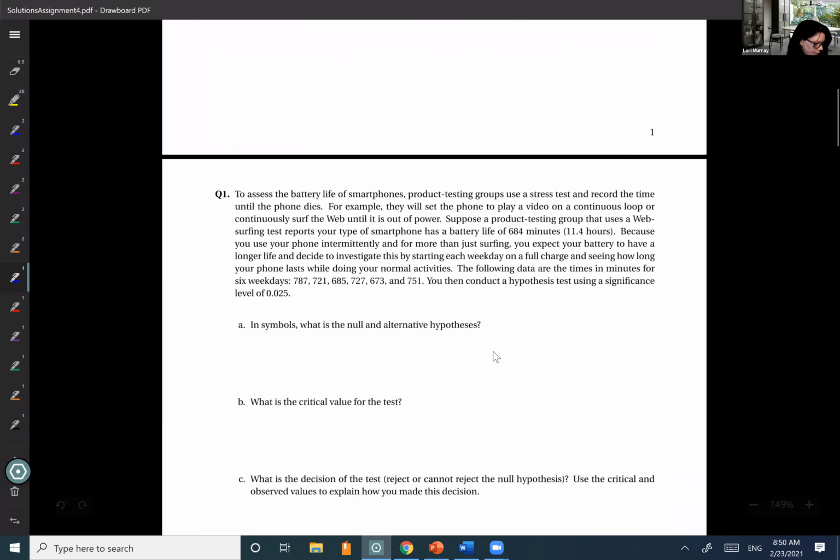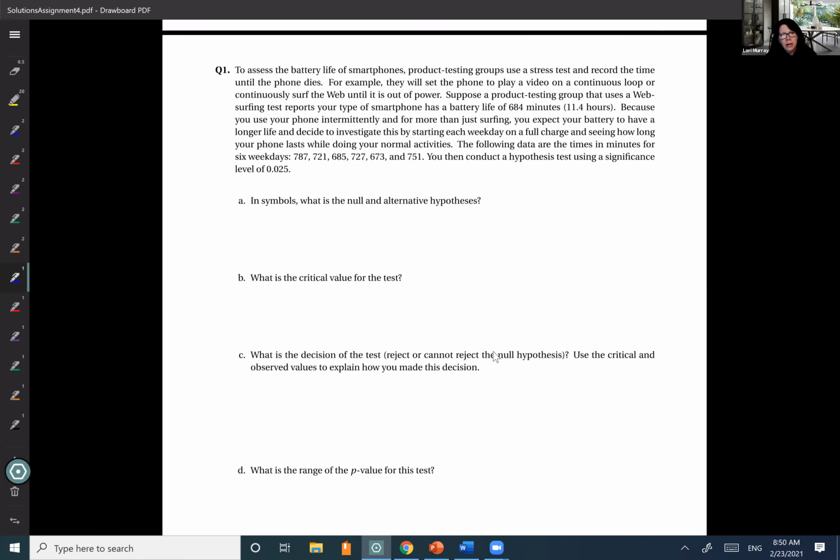Okay, so we're looking at this. This question is about smartphones. Suppose a product testing group that uses a web surfing test reports your type of smartphone has a battery life of 684 minutes, 11.4 hours. So because you use your phone intermittently and for more than just surfing, you suspect your battery to have a longer life and decide to investigate.